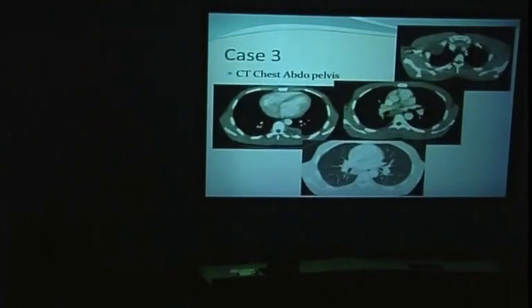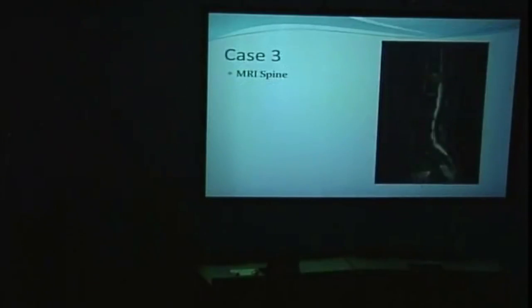Expansile, low density. Below the carina, nodal mass there. That actually looks pretty clear. Lower down, he had destruction of those vertebral bodies, as you pointed out, T12 and L3.